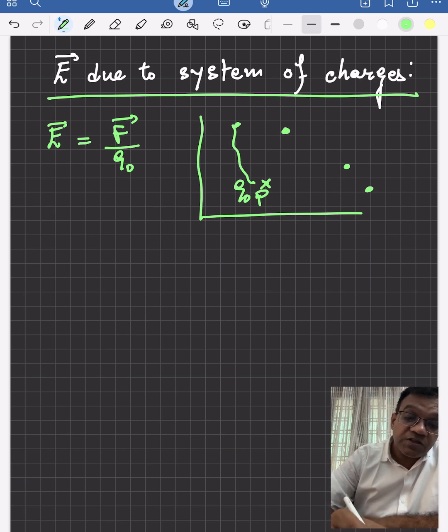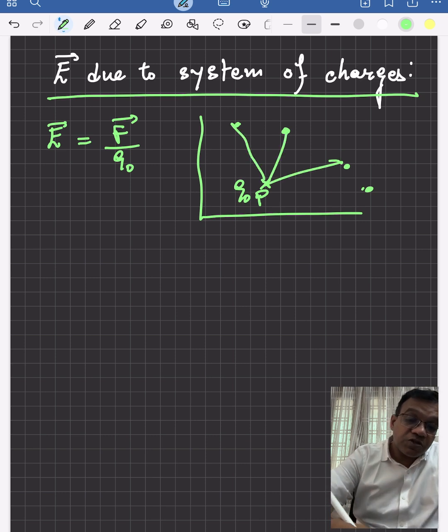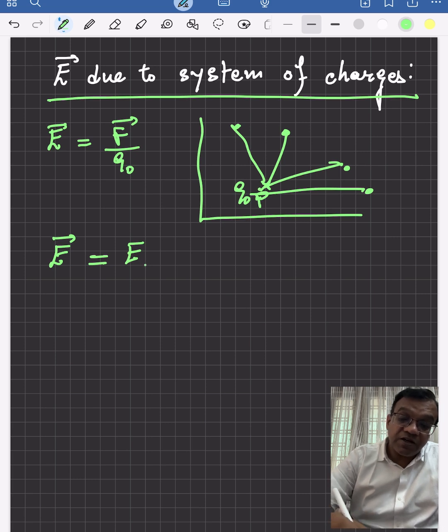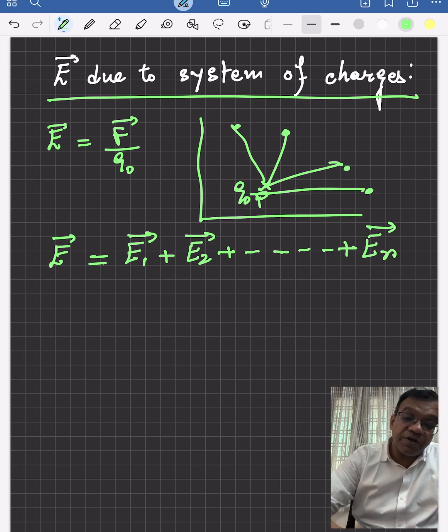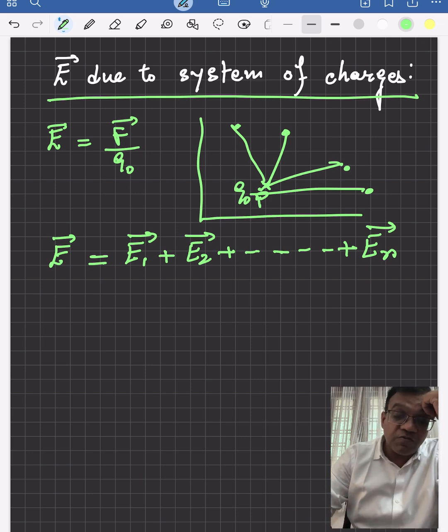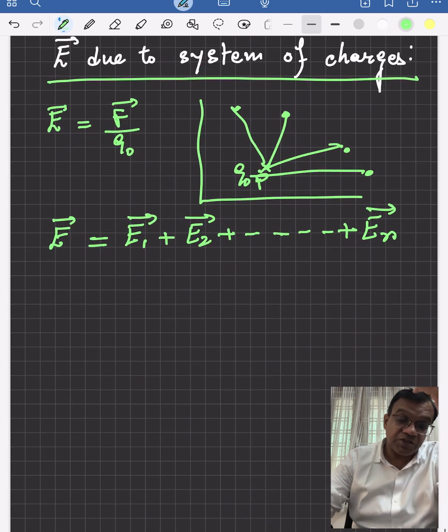The net force will be the sum of the forces experienced due to this point charge, due to this, due to this, and so on. So the electric field due to a system of point charges at any point is the vector sum of the electric fields at the considered point due to the individual charges.